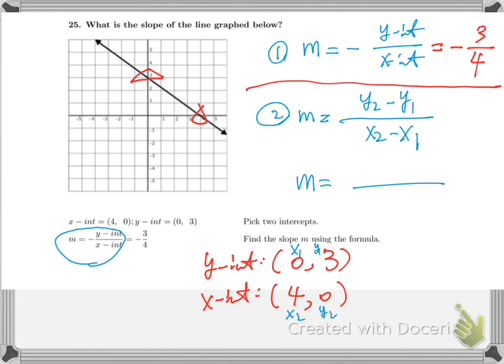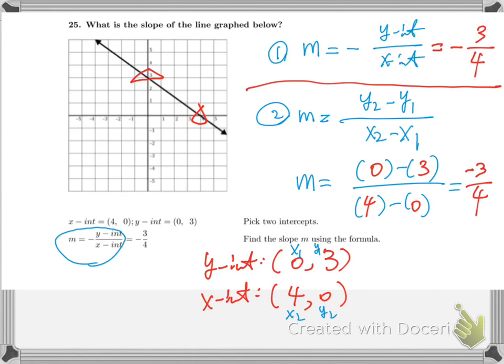Then you have 4 numbers, so subtraction and subtraction. y2 is 0, y1 is 3, x2 is 4, x1 is 0. After you calculate, the numerator over denominator is negative 3 over 4.